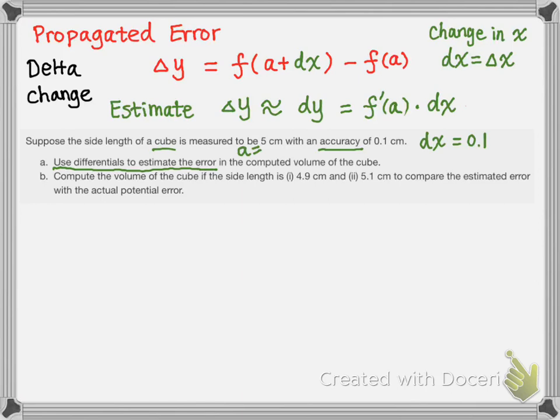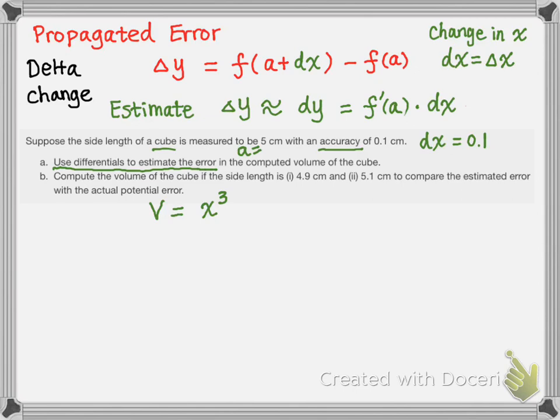So how does it work? First, we need to know what the volume formula is in terms of the side length of the cube. Let's say the side length is x, and the volume formula is just x cubed. If you prefer to use y, because all the formulas are in terms of y, that's fine.